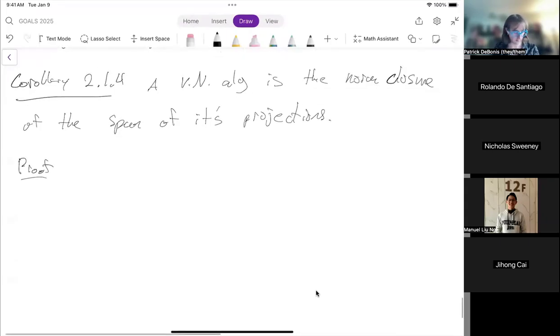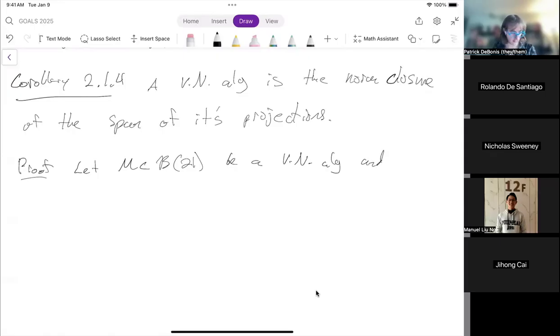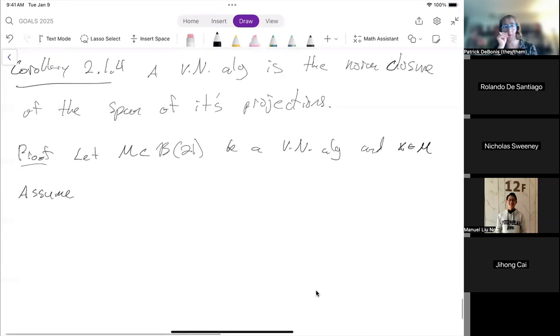So start with a von Neumann algebra M inside the bounded operators on a Hilbert space. And then we take x. Actually, you can start with any x, but what we can do, and this is a trick you use a lot in von Neumann algebras, is assume that x is self-adjoint.